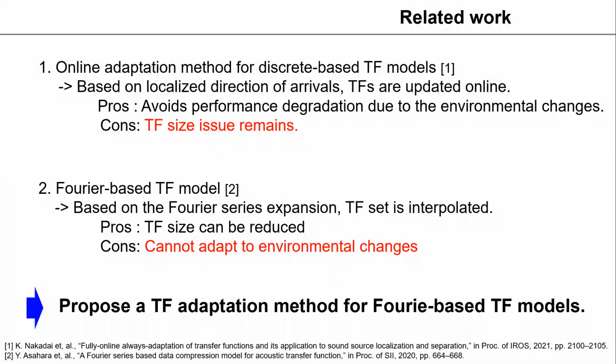This method reduces the TF set based on Fourier series expansion instead of having many TFs for each direction. However, adaptation methods like the first method have not been explored for Fourier-based TF models. Therefore, this paper proposes an online adaptation method for Fourier-based TF models.